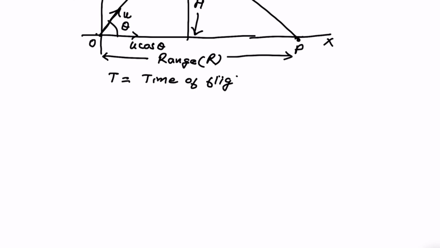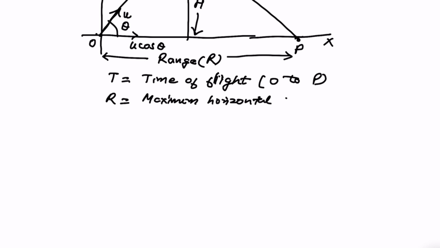Time of flight means the total time taken by the body to go from the point O to the point P. Range means the maximum horizontal distance traveled by the particle. In the diagram, the horizontal distance is from O to P. So the distance OP will be known as the range.